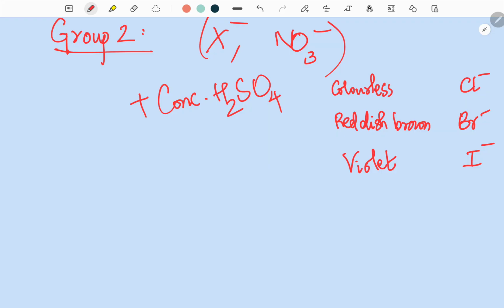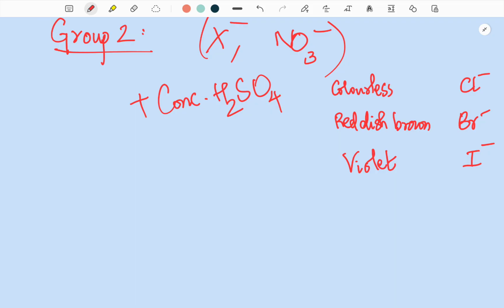So, how to remember this? Now, the colorless gas for the chloride ion is actually going to have a very pungent smell. You have to experience that once to identify that it is chloride.